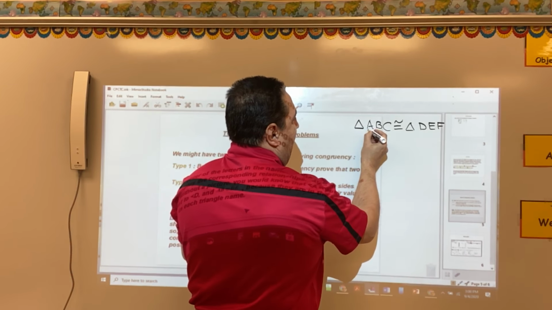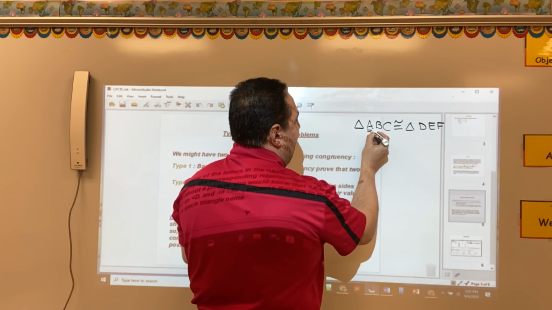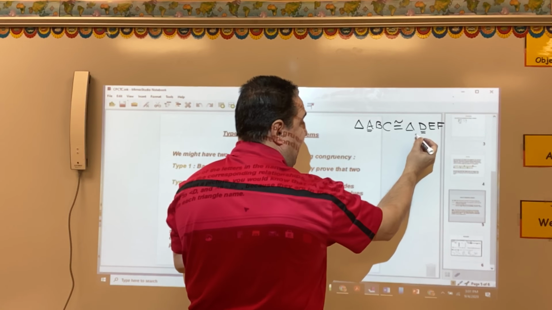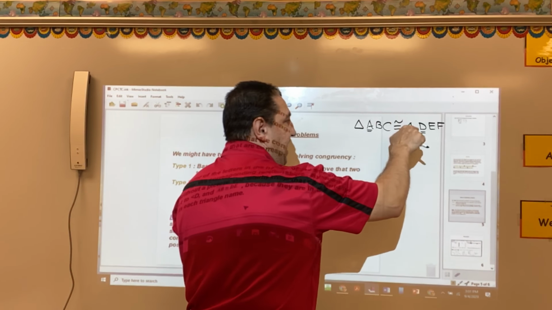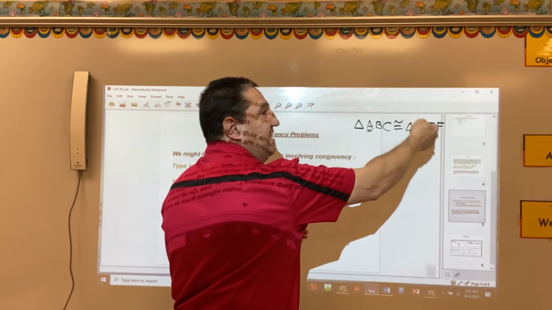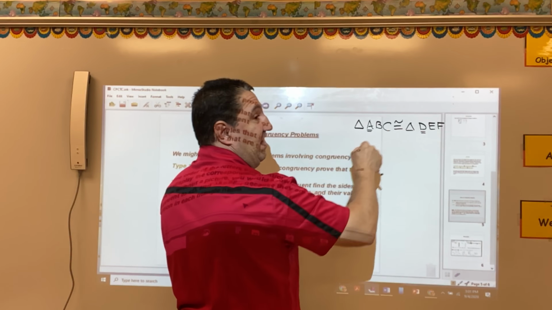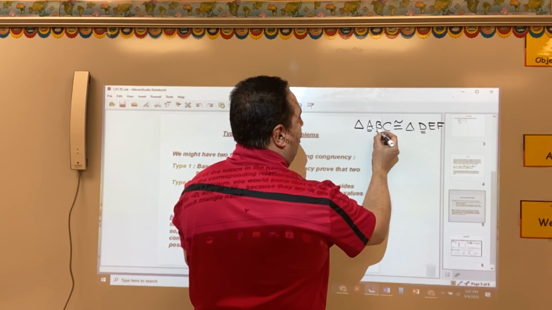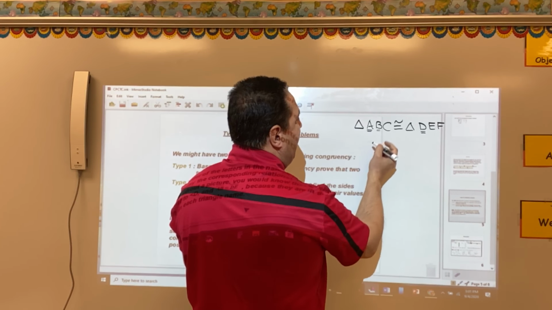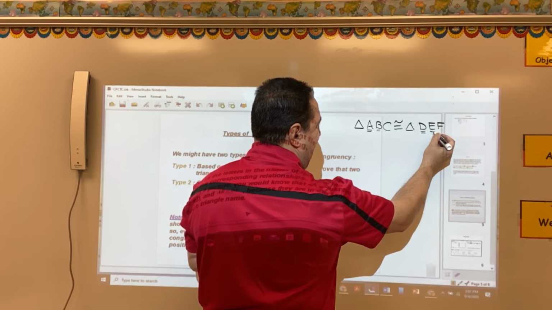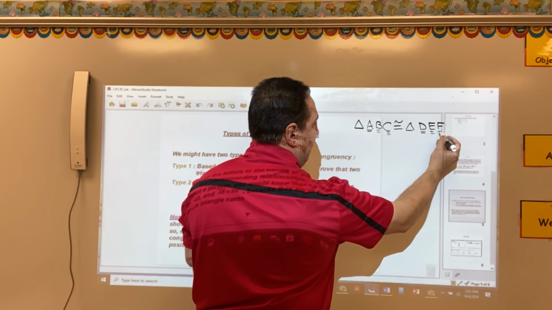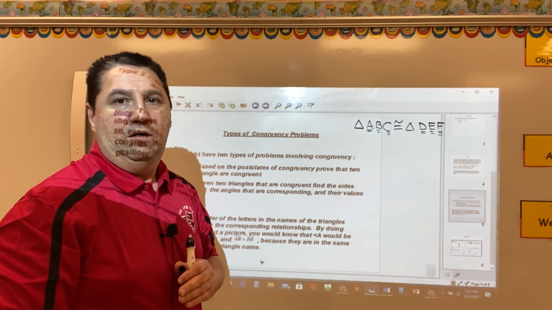The corresponding letter for A in the other triangle is D. Why? Because D is in the same place as A. So A and D are corresponding. Also, the corresponding letter for B is E, and for C is F.